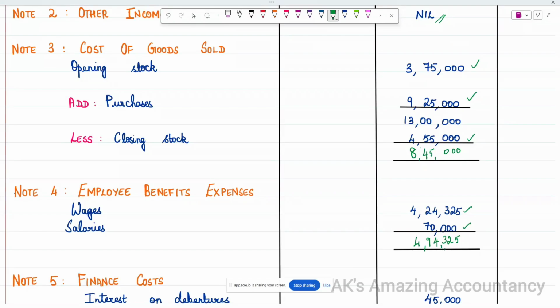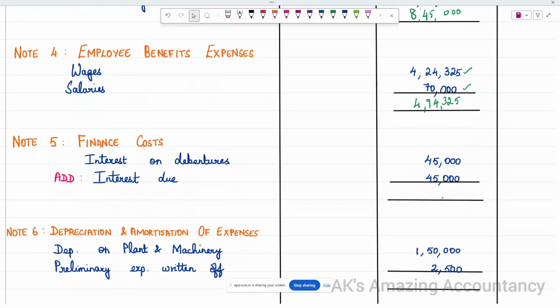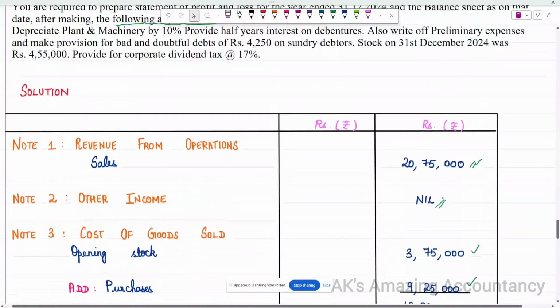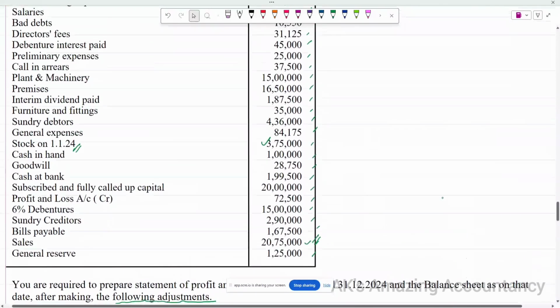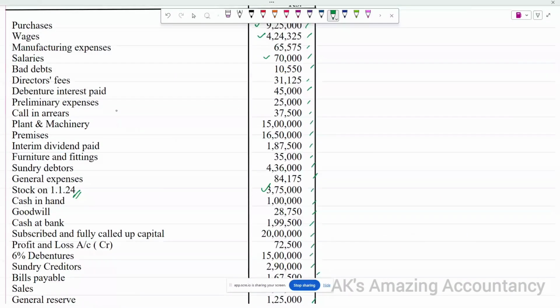Then we have note 5. Note 5 is for interest on debentures. As far as this debenture interest is concerned, you are already given some debenture interest in the main information. Let us have a look at the problem. You are given debenture interest paid. How much is that? It is 45,000.